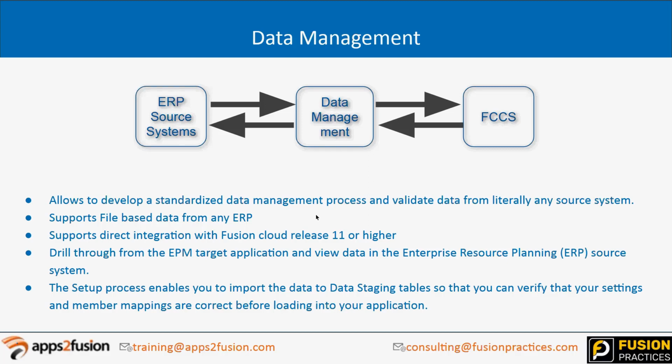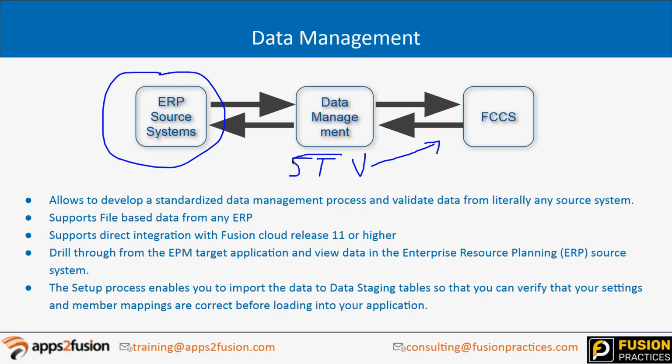When you do an import, data from the ERP system comes into the staging table of the data management tool, and then here you will also be able to do a validation, and once everything is fine, you click on export, so data from the staging table goes into FCCS.